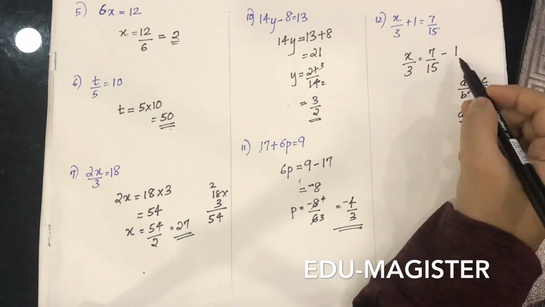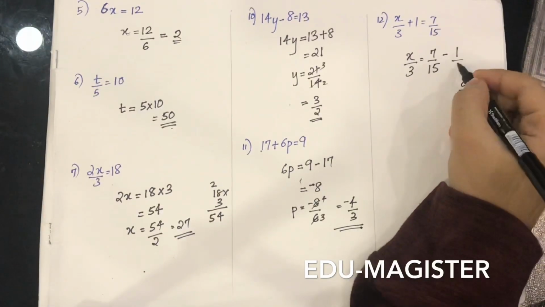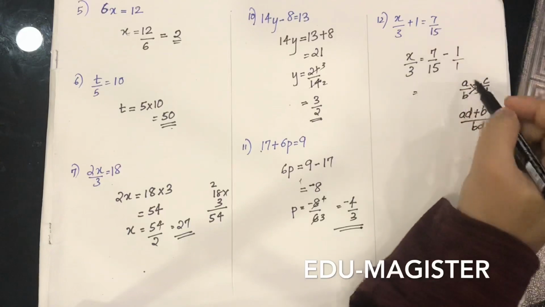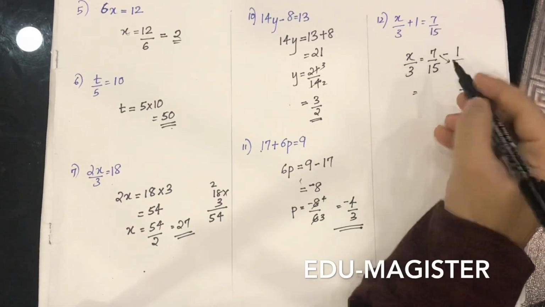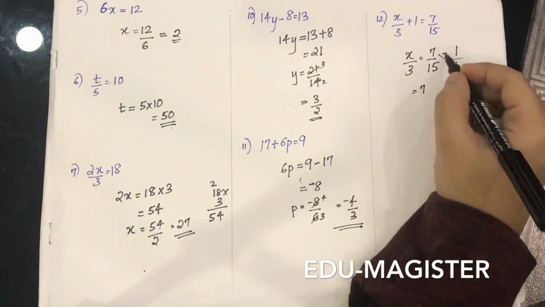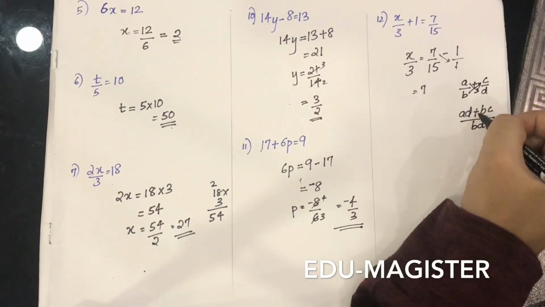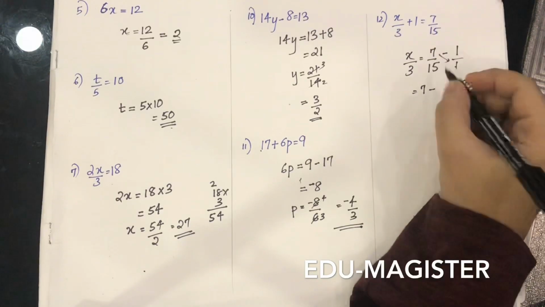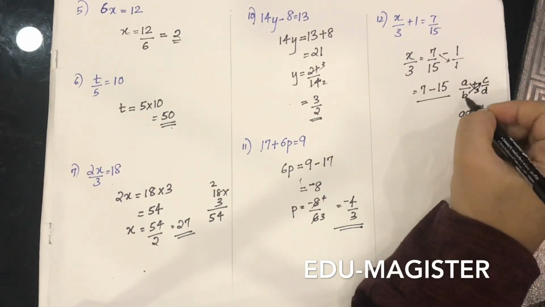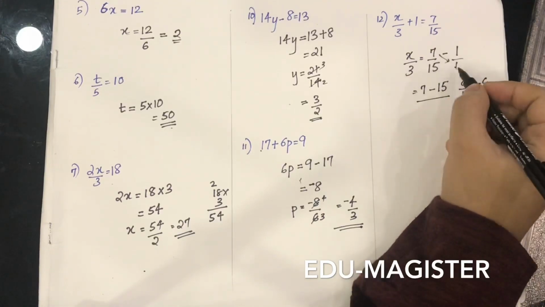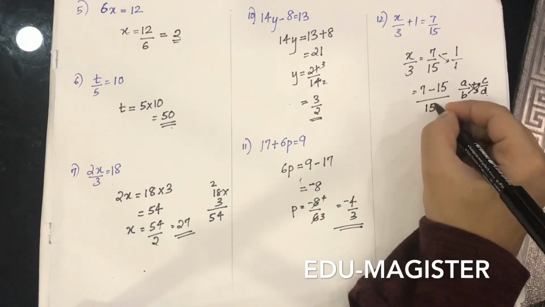So in this case, since 1 means 1 by 1, what do you do? A into d, that is 7 into 1, cross multiplication. 7 minus, since it is plus here we wrote plus. If it is minus we write minus. 15 into 1, 15 divided by b into d. What is b into d? 15 into 1, which is 15.